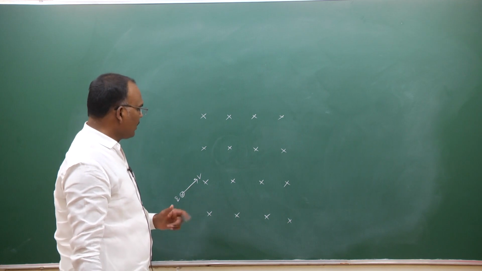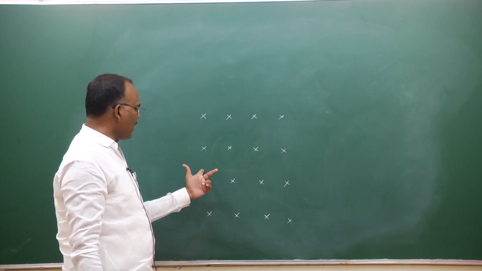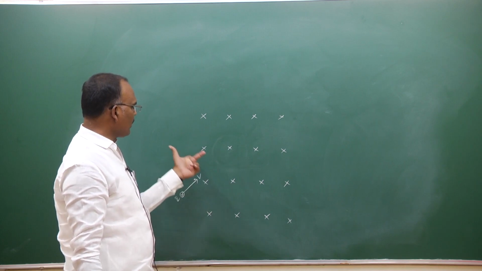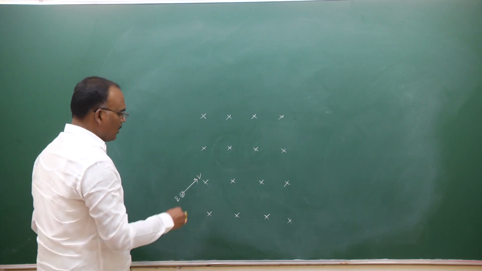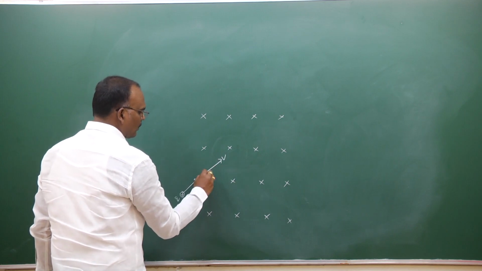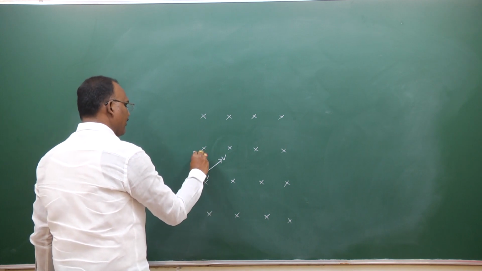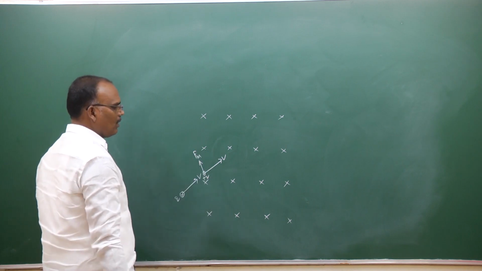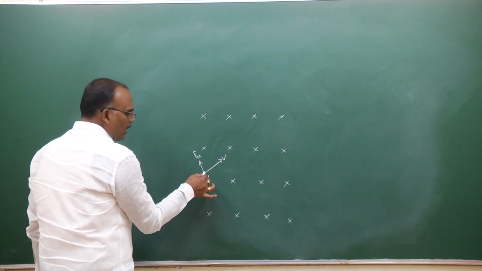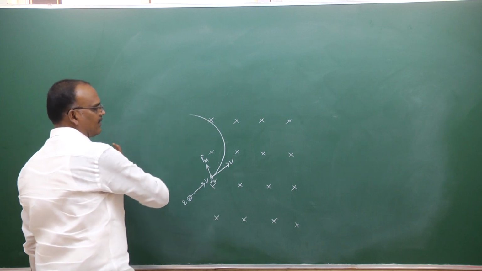Magnetic field is into the board, current is going in this direction, so force will act in this direction. So on this charged particle, magnetic force will act in this direction. So it will go in the resultant direction, so it will come out like this.